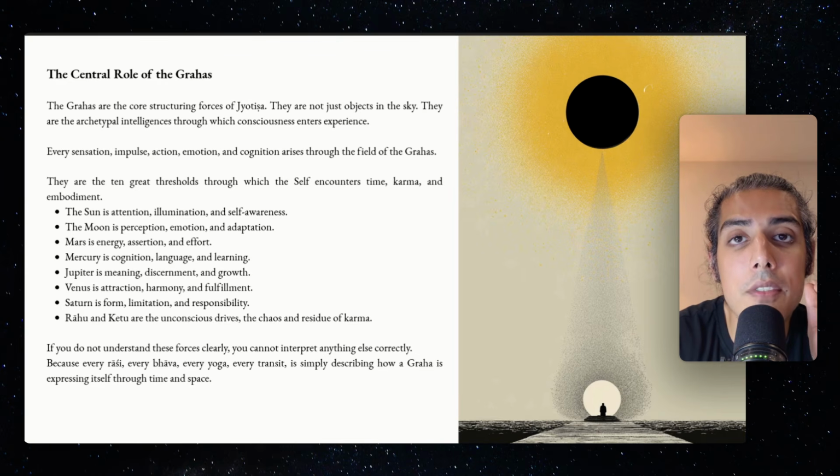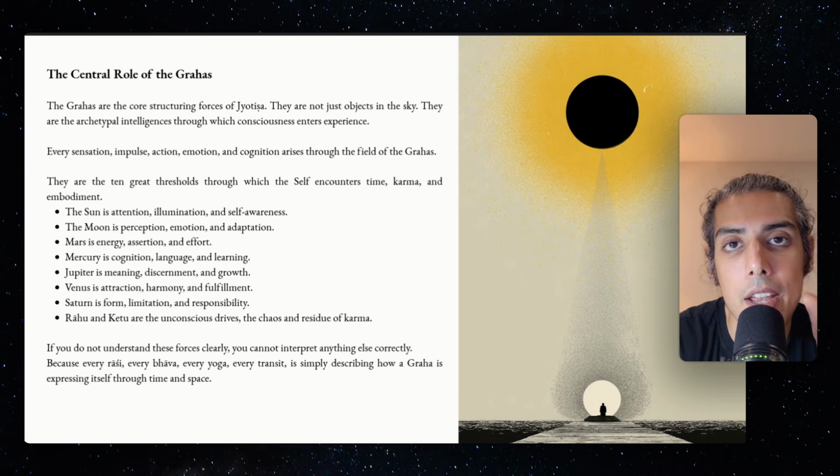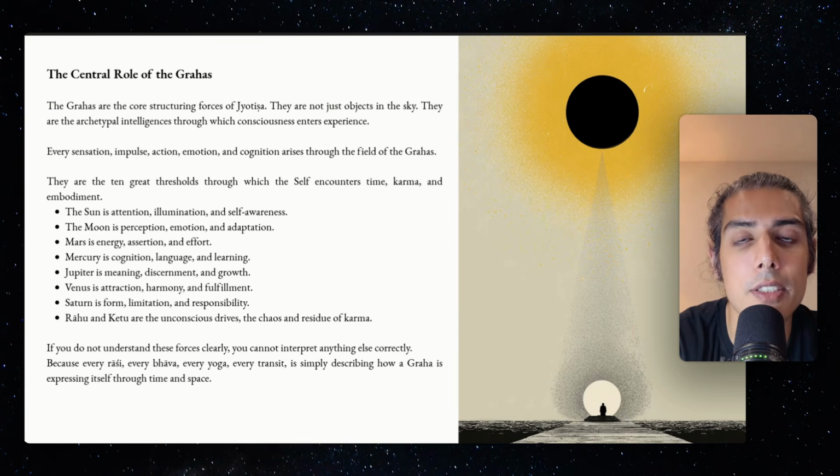Because every rashi, every bhava, every yoga, every transit is simply describing how a graha is expressing itself through time and space, and nothing more. Everything, from a fundamental level, just teaches us how the graha is modulating our experience, whether we study a rashi, a bhava, a yoga, anything.